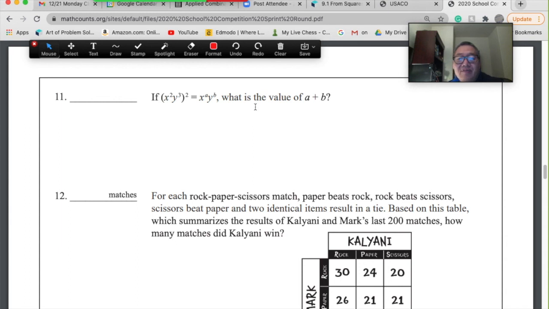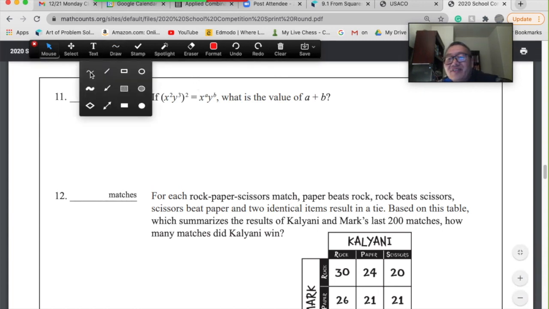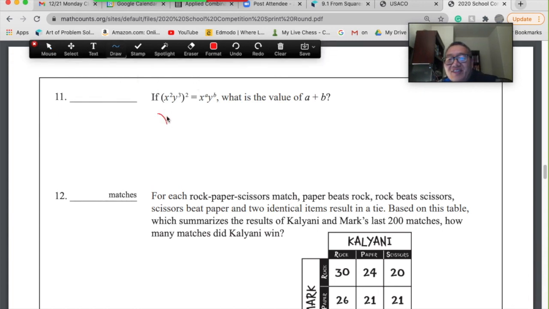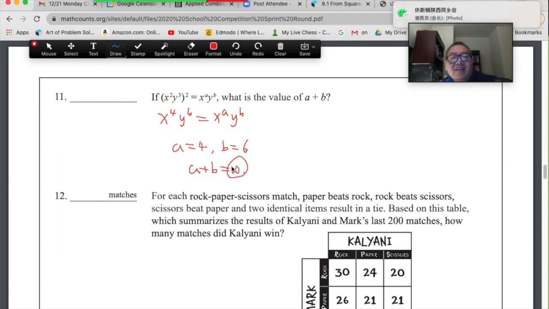You can solve it like this: x to the power 4 times y to the power 6 equals x to the power a times y to the power b. So that means a equals 4, b equals 6. So therefore, a plus b equals 10. The answer is 10. Okay?